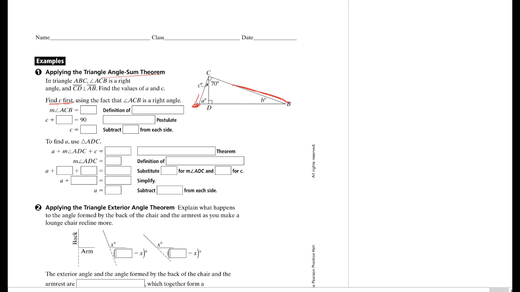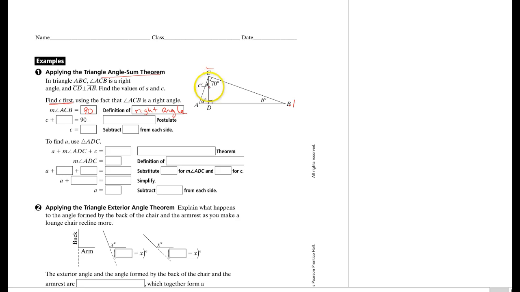Must mean that it has one right angle, and there it is, right up there at C. So from A to C to B, that's the angle, so that's 90. And that's the definition of a right angle.